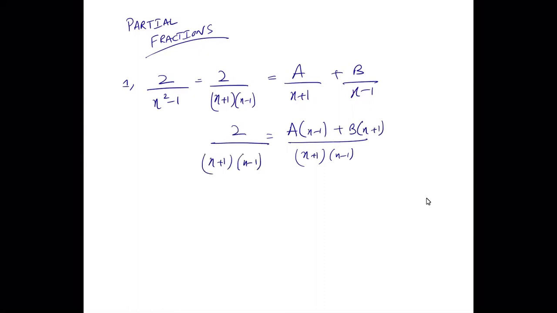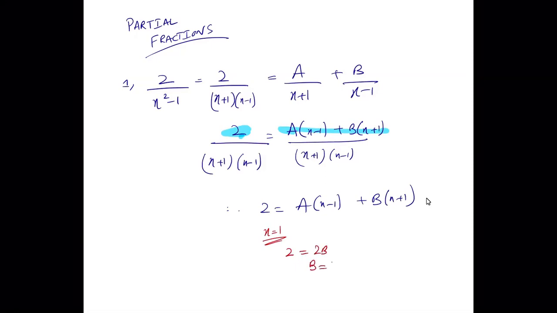Then you would have compared the numerators on the left and on the right. So 2 is equal to a times x minus 1 plus b times x plus 1. Then you would have substituted x equals 1, and on the left hand side you are going to get 2. This is going to be eliminated and this is equal to 2b.